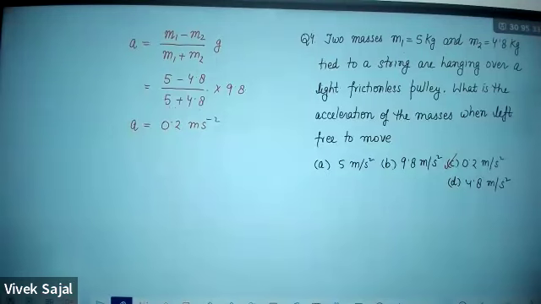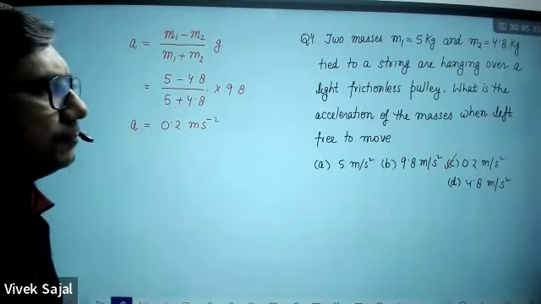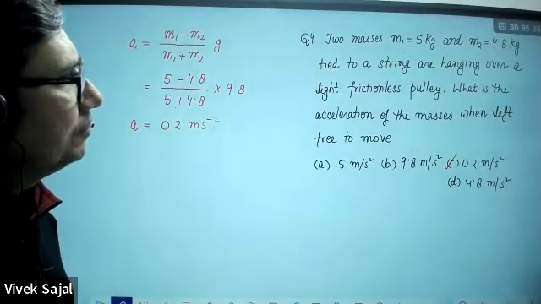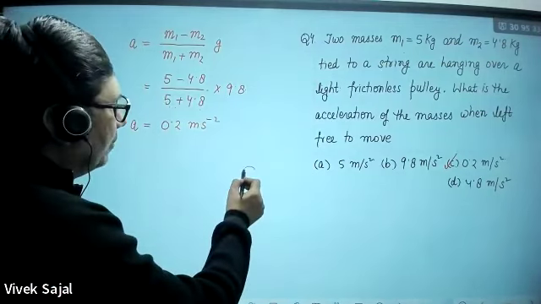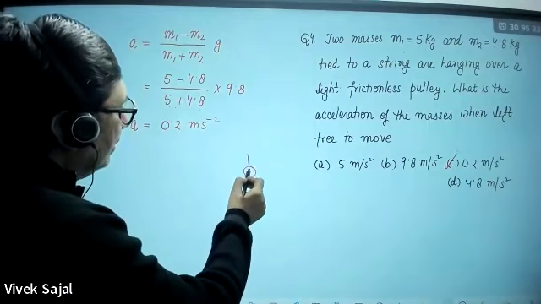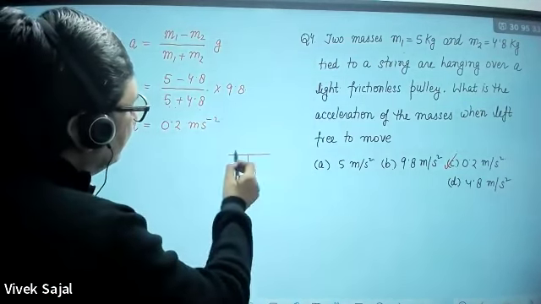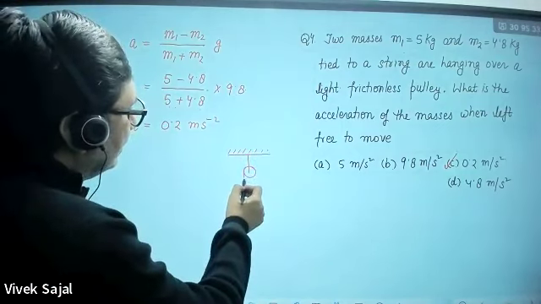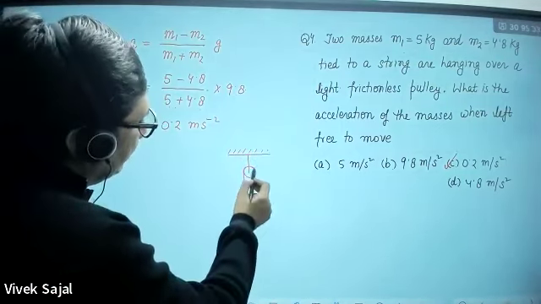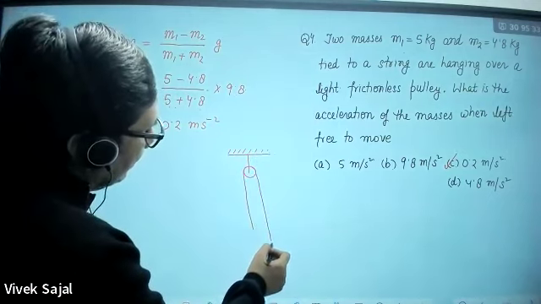So option C. Yes, beta, please. Sir, in which case can we use this formula? When you have this type of situation, suppose this is a massless pulley. Over this pulley, a string is there, like this.